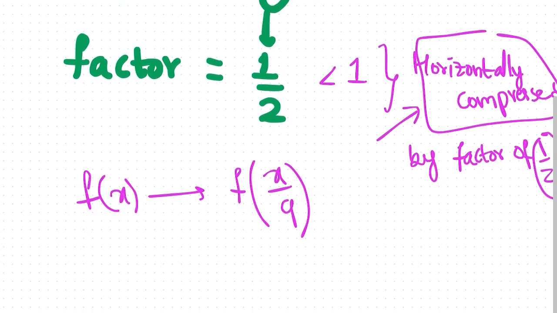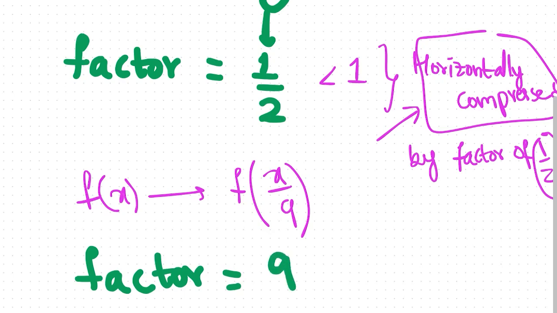What happens? Can you guess? It becomes 9. So it is greater than 1. So we get a horizontal stretch. The x effect means horizontal effects, right? So it is horizontally stretched.